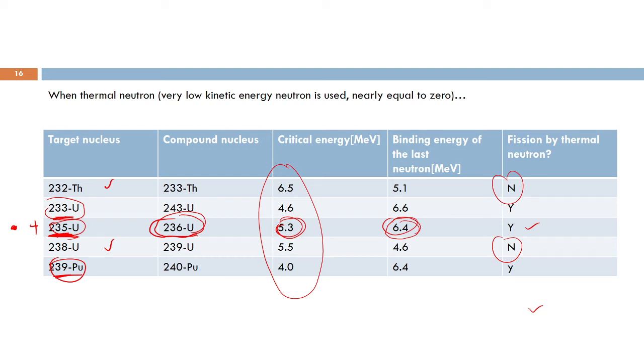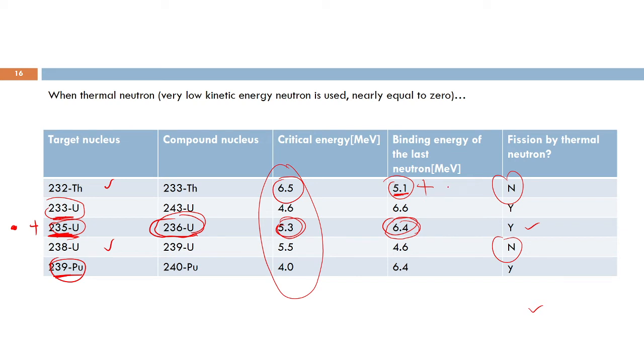So with just the thermal neutron, the excited state compound nucleus energy does not exceed the critical energy, which is why you need to add more energy from the energy of the neutron.